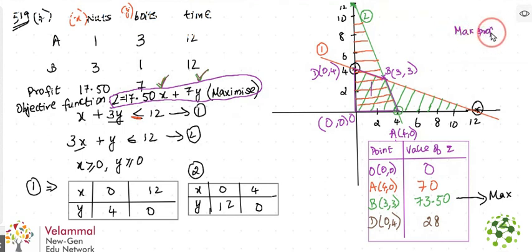So maximum profit is rupees 73.50. Be careful. And how much should you produce? 3 packs of nuts and 3 packs of bolts you should produce.